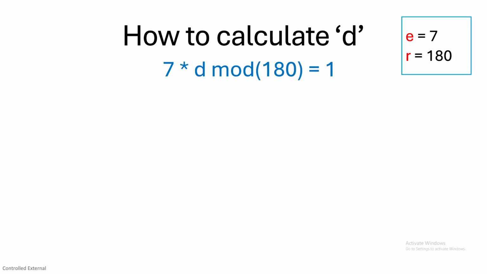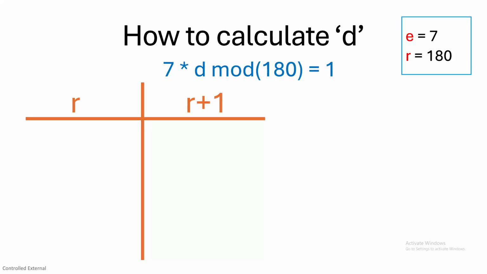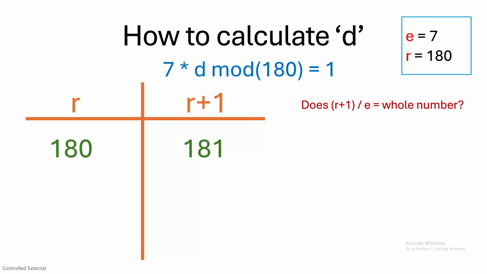So 7 times D mod 180 should equal 1 now. And we're going to take that same column, R and R plus 1. So here we're starting with 180. R plus 1 is 181. Does 181 divided by 7 equal a whole number? No, we get 25.85. So that's not our D value.